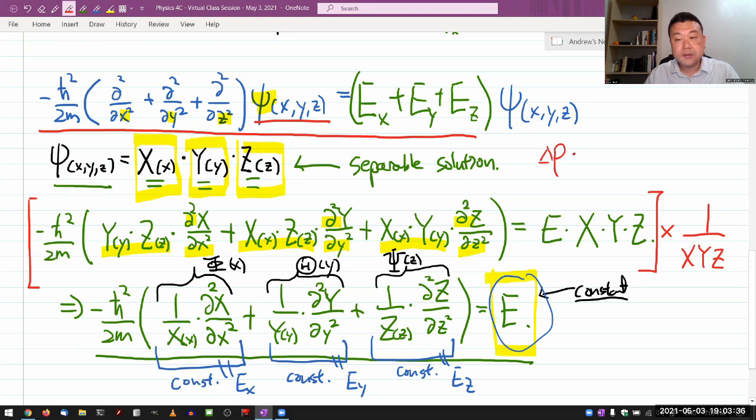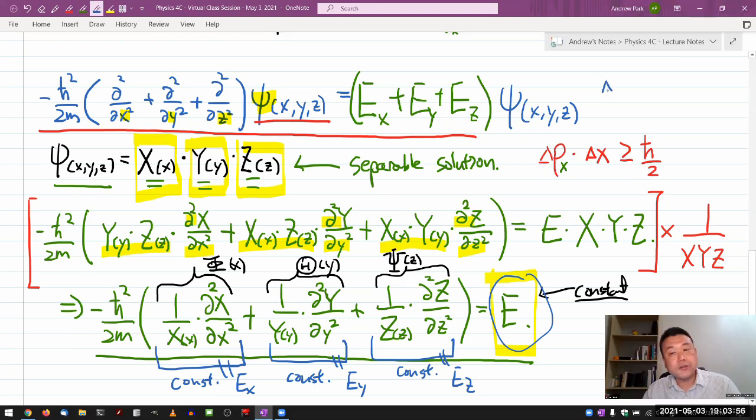You have seen the uncertainty principle in this form: delta p times delta x, the uncertainty in momentum and position, is greater than or equal to h bar over 2. What's important is that this is only for the uncertainty in the momentum in the x direction. If you look at the uncertainty in the momentum in the y direction times the x position uncertainty, that can actually equal 0.